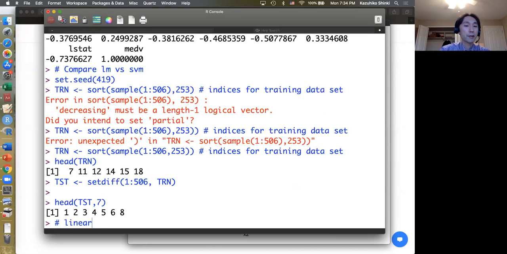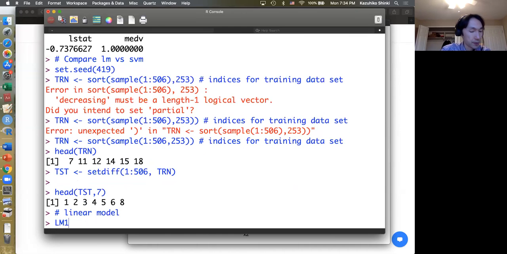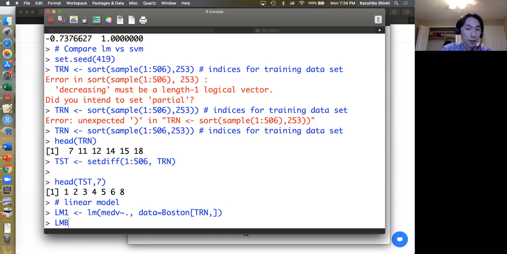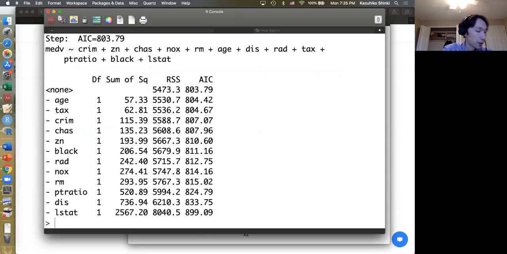First, the linear model, which is straightforward. We name it lm1, and the response is the median house value, with the others as predictors. The data set is the Boston data set, only the training portion. Maybe there are too many predictors, so we use the stepwise procedure to select the best model.